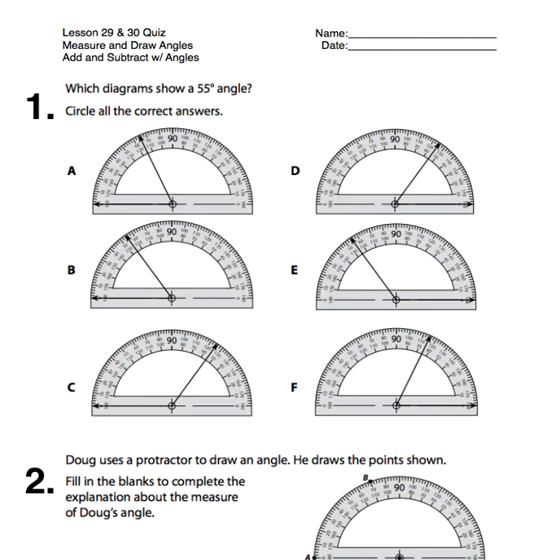Okay, so number 1. It says, which diagram shows a 55-degree angle? Circle all the correct answers. Don't forget how we use a protractor.